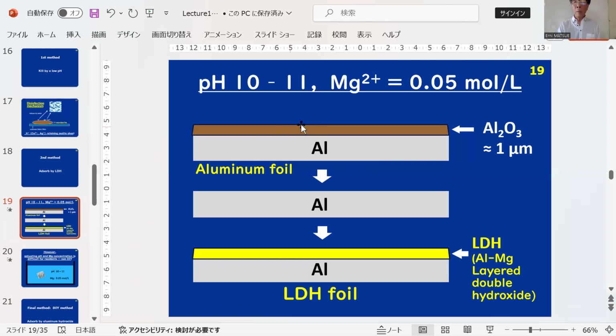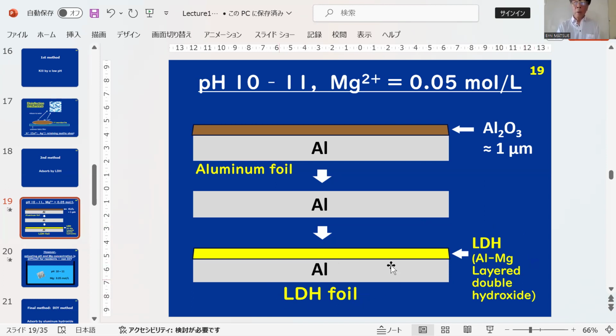Putting aluminum foil into alkaline water, the oxide phase dissolves. Then metallic aluminum is exposed, and magnesium reacts with aluminum to form LDH.